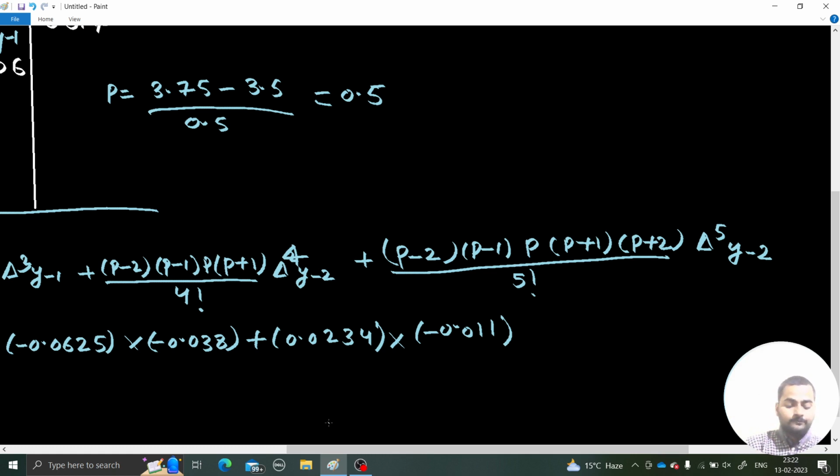So minus 1.5 into minus 0.5 into 0.5 into 1.5 into 2.5 divided by 5 factorial, which is 120.